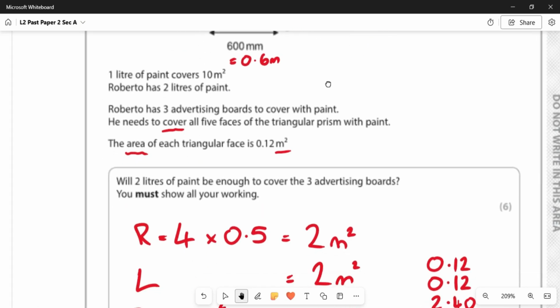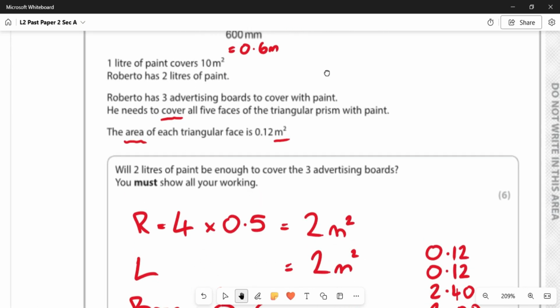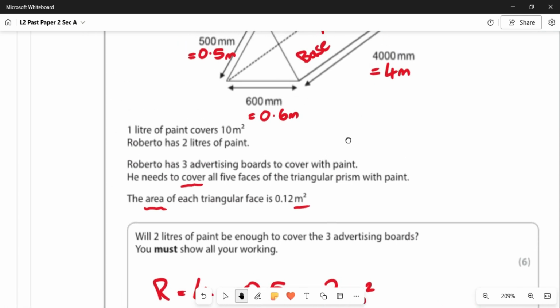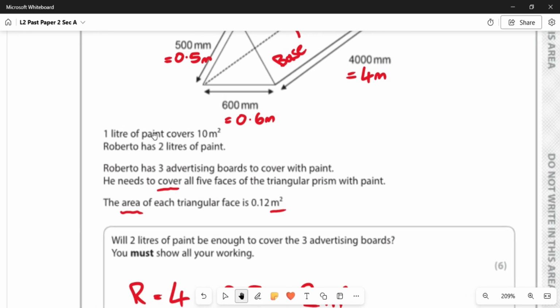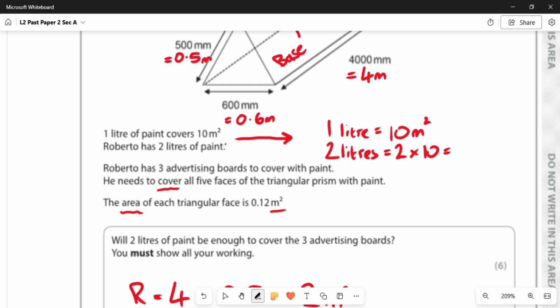Oh, right. So will 2 litres of paint be enough to cover 3 advertising boards? What did he say about 2 litres of paint? So he said 1 litre of paint covers 10 meters squared. He has 2 litres of paint. So let me just draw an arrow. So if 1 litre equals 10 meters squared, he's got 2 litres, which equals 2 times 10.